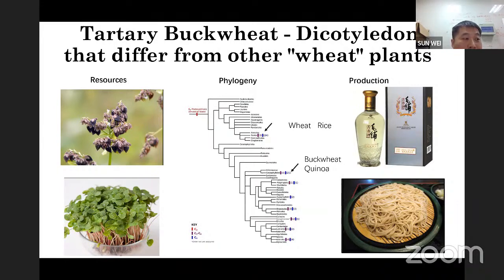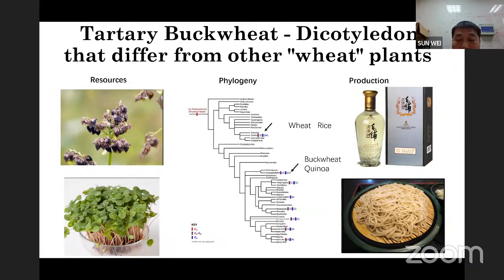We focus on this plant. Tartary buckwheat seed and seedling can be used for food and medicines. This plant is different from other crops, like wheat and rice. It's a dicotyledonous plant.